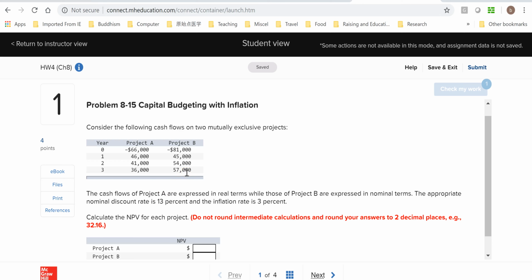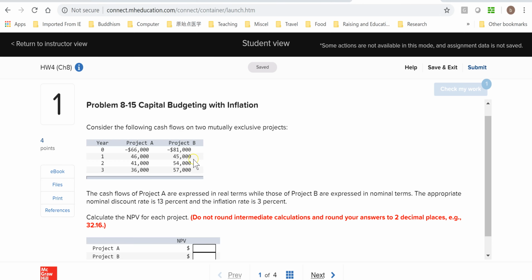And the key to solve this kind of problem is to realize that we need to be consistent. What this means is that we need to discount the real cash flows at the real discount rate and the nominal cash flows at the nominal discount rate.